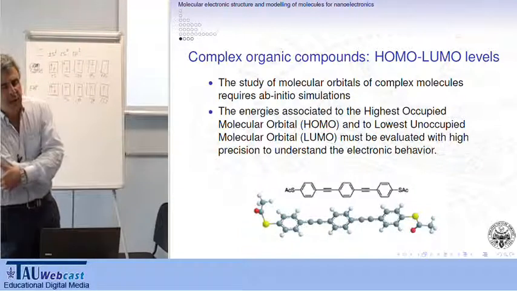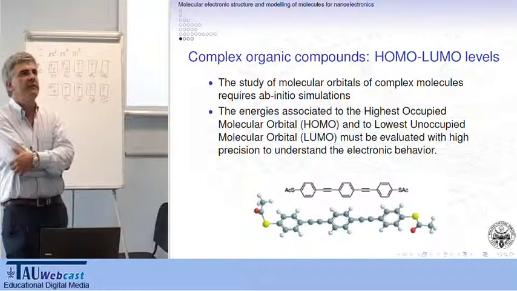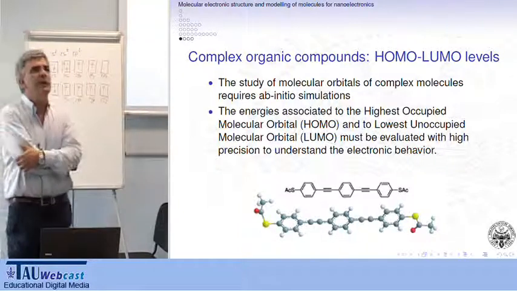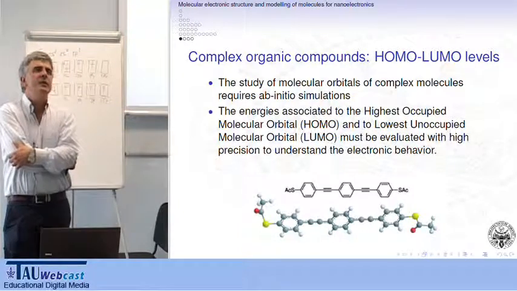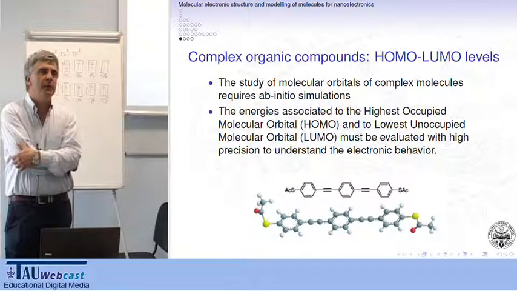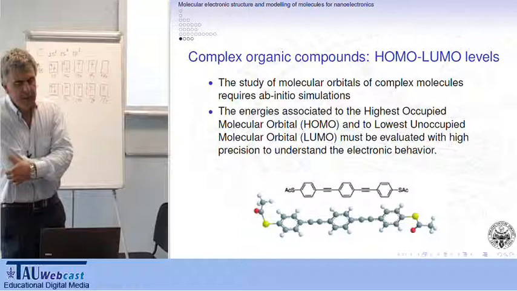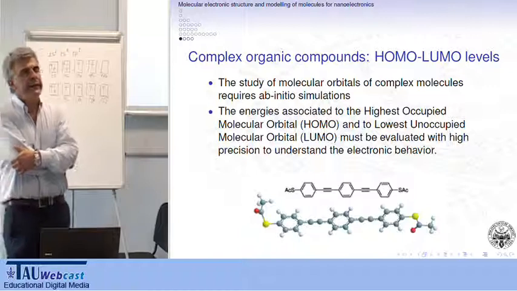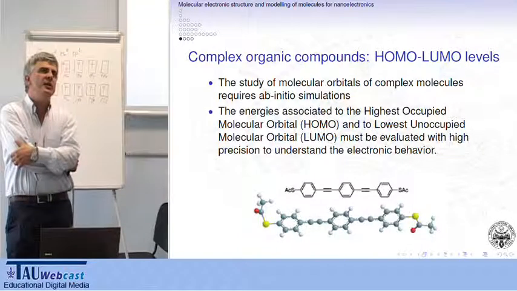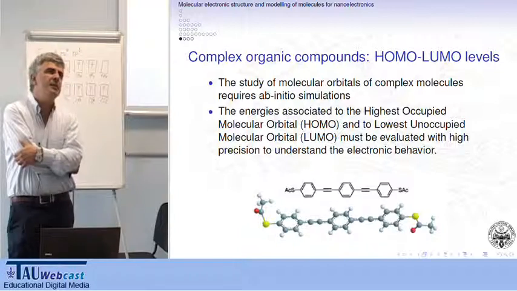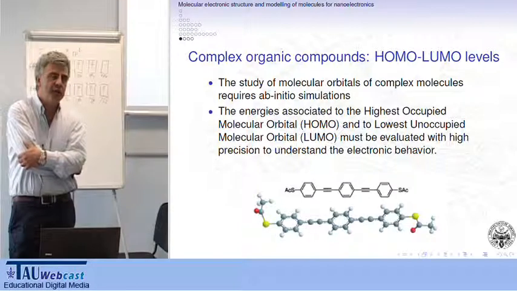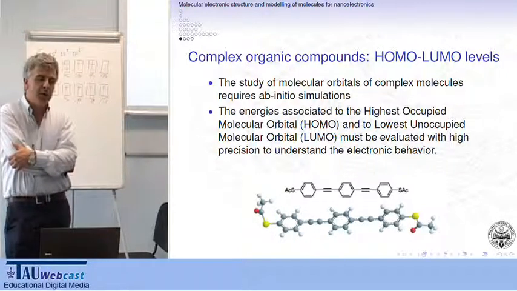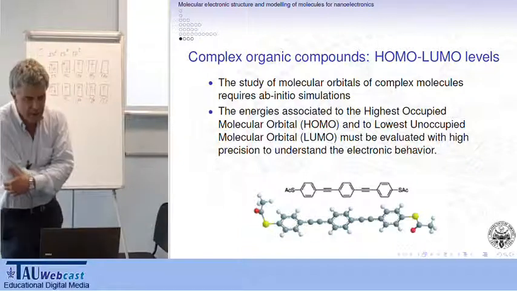Corresponding to the conduction band in a semiconductor, we define the LUMO, the lowest unoccupied molecular orbital. Generally, a molecule can be described by these two levels. These two levels are generally separated by some electron volts, and the HOMO-LUMO gap, the distance between the LUMO and HOMO levels, corresponds to the energy gap in a semiconductor.